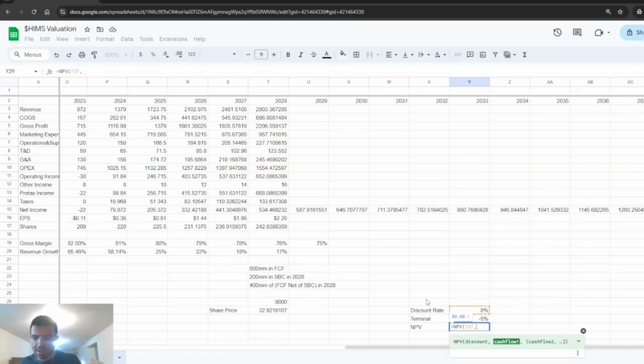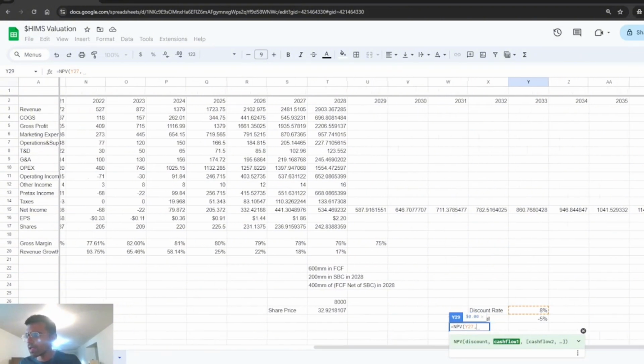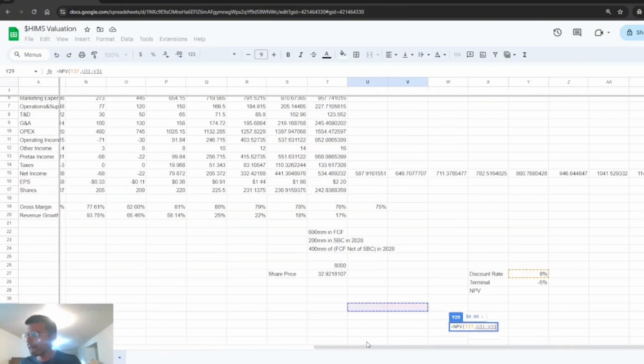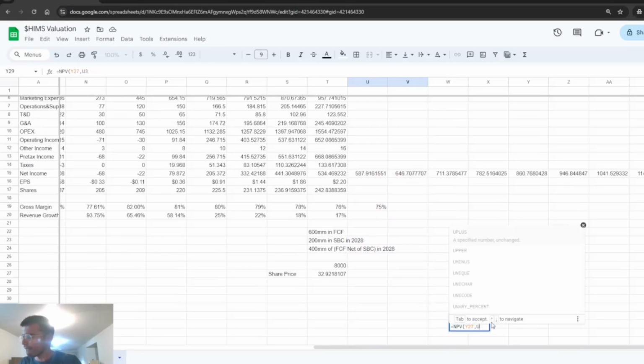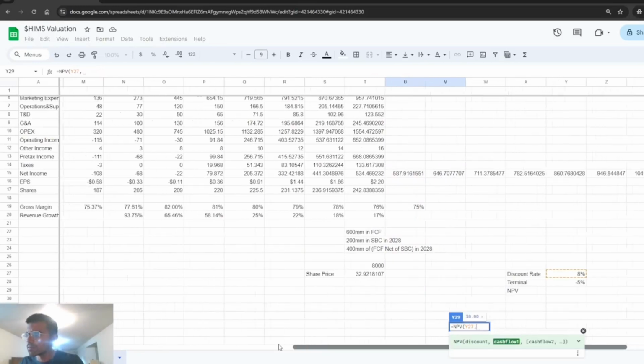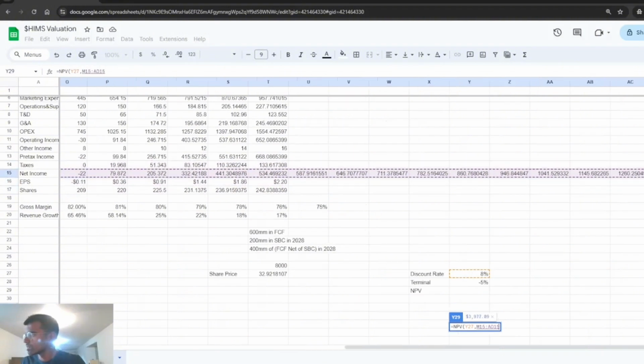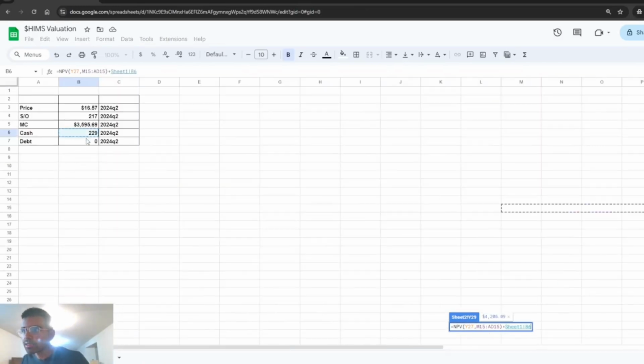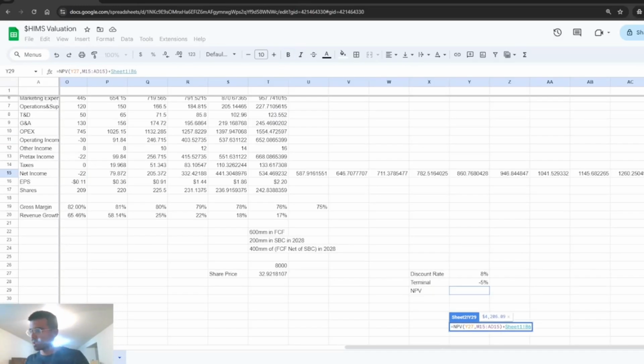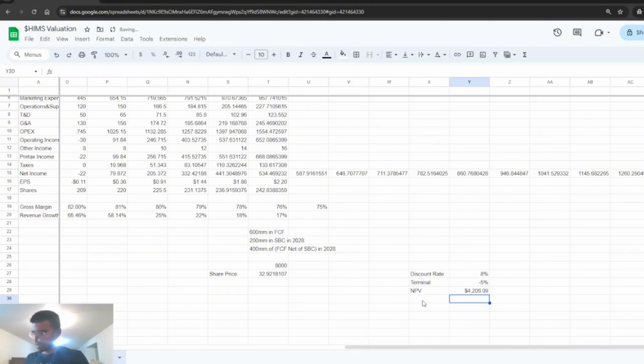And if we take all these net incomes, I really should do it to like 2045, 2046 to get a better estimate. And then you're going to want to add the cash back that they currently have. We don't need to subtract debt because really there's no debt that I care about. So the NPV like that.